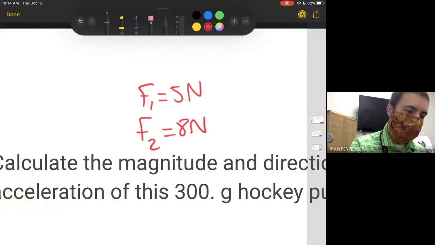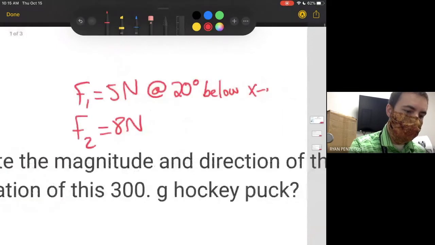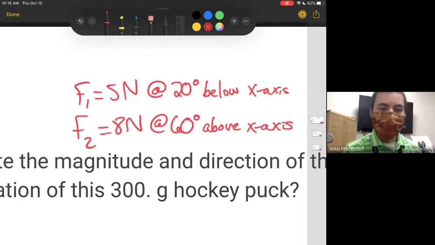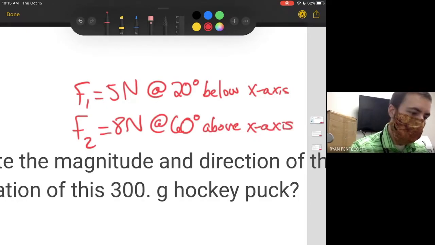F1 is at 20 degrees below the x-axis, and F2 is at 60 degrees above the x-axis. Right, so those are the givens that we've got.